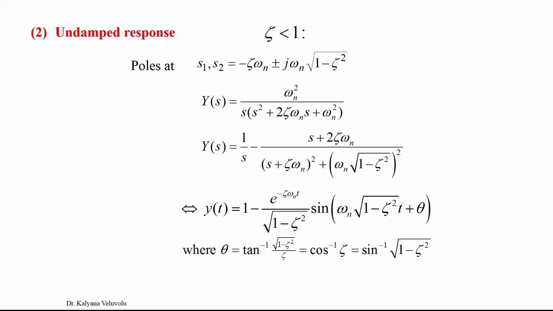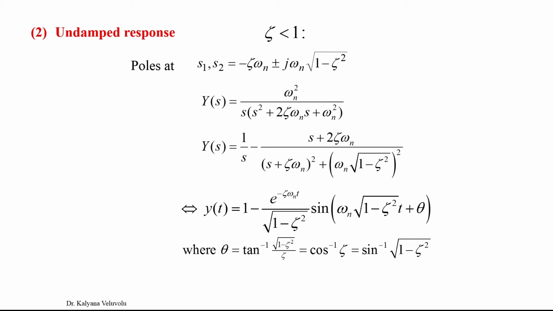If we apply inverse Laplace transform, we get this complex expression, which is important. We get y of t is equal to 1 minus e power minus eta omega n t by square root of 1 minus eta square into sin of omega n into something. So, this forms our most important response of the system, which we call underdamped response.